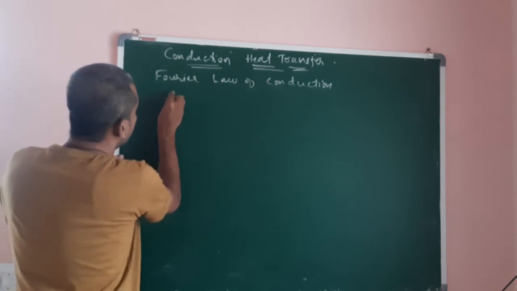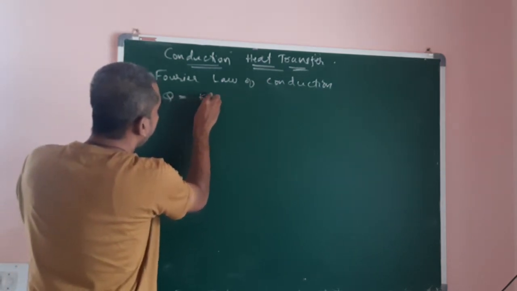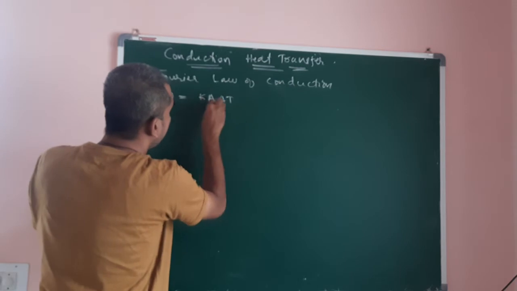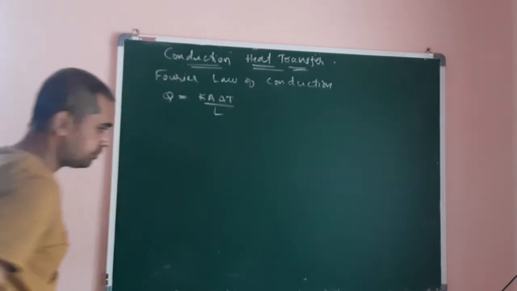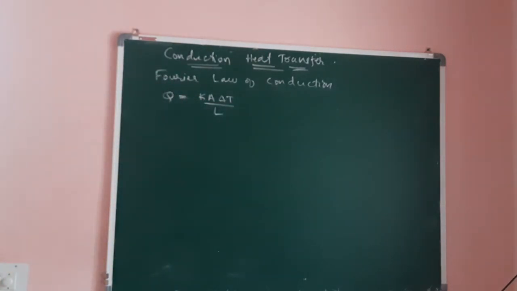Q is equal to KA delta T divided by L. This is the expression for conduction heat transfer.